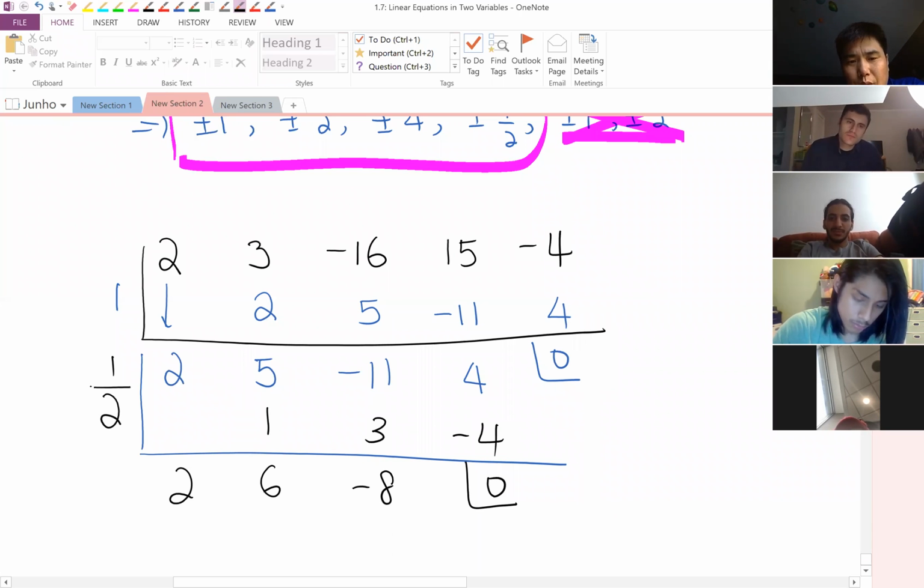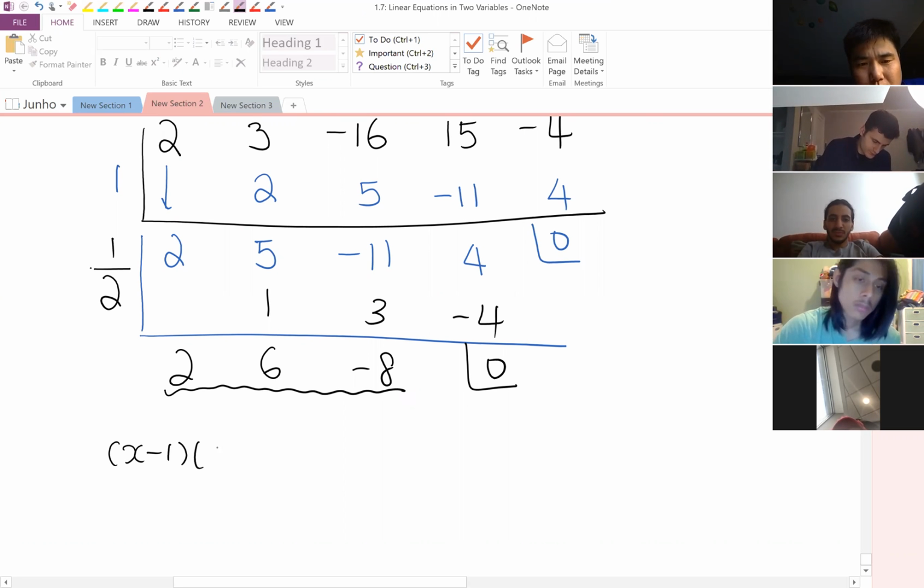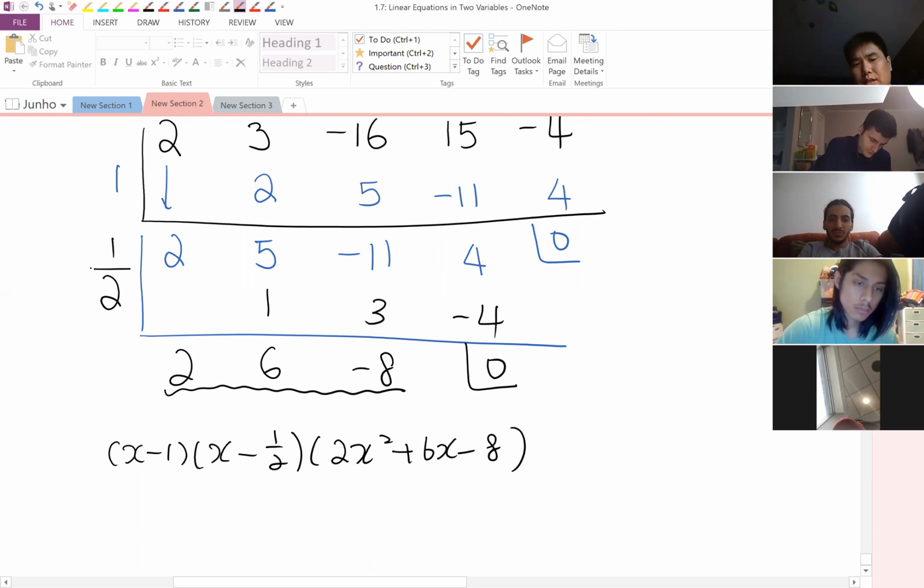So now we only have 3 terms left here, so I don't want to use synthetic anymore. Instead, we can write so far x minus 1 and x minus 1/2 and 2x squared plus 6x minus 8. Yes? Why is the x minus 1 there?